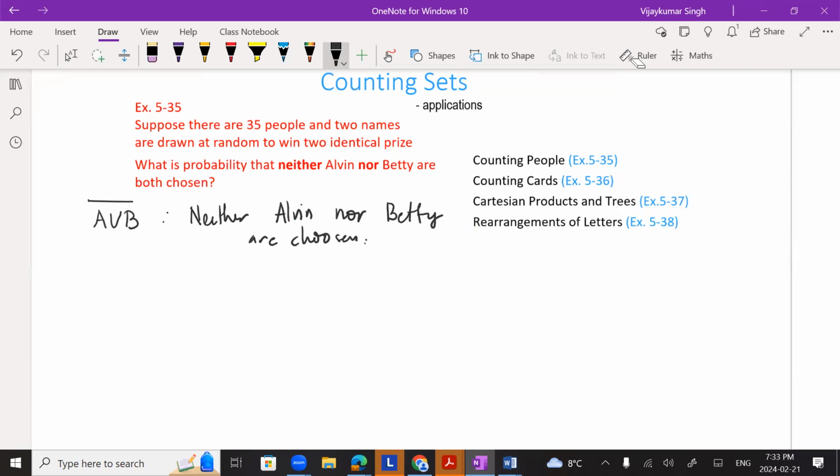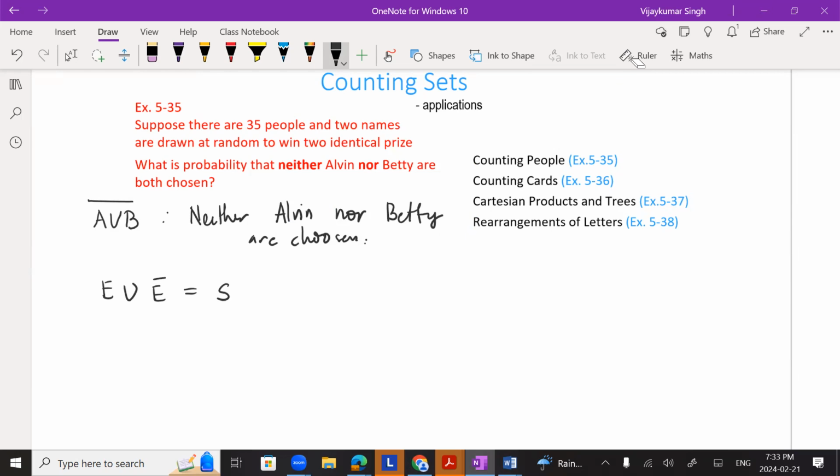Okay. So now, how do we count the complement of A union B? Note the following. If you take any event, doesn't matter, let's just take event E. Event E union E complement is going to be what? The whole sample space. You agree with that?